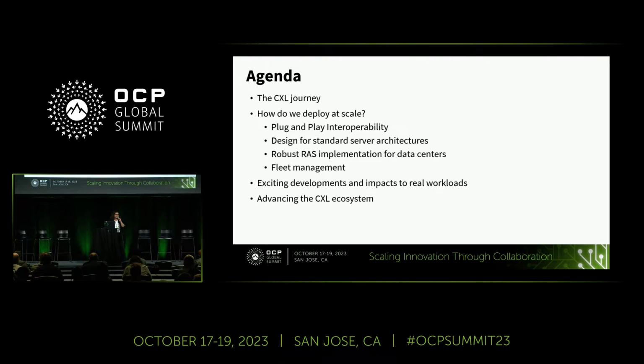And then how do we deploy at scale, right? We want to take this to the level and take it to deployment in the data centers and racks and blades and such. Exciting developments and then impacts to workload and then the CXL ecosystem itself.